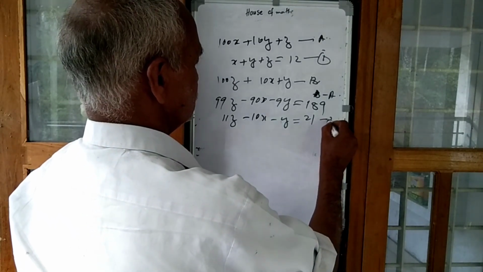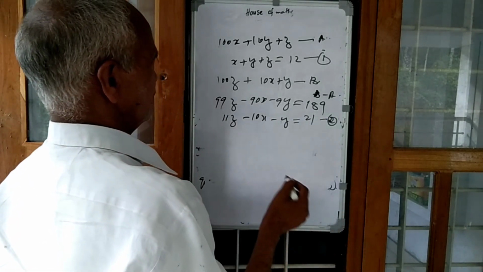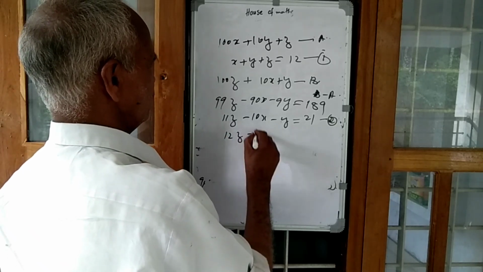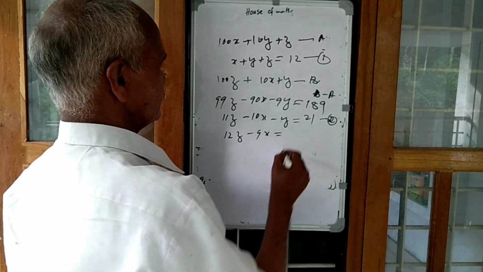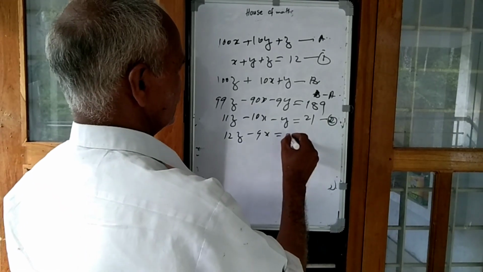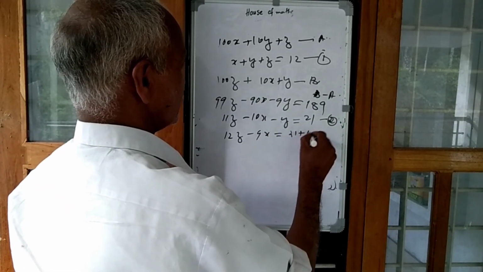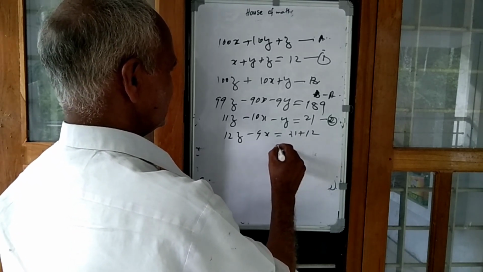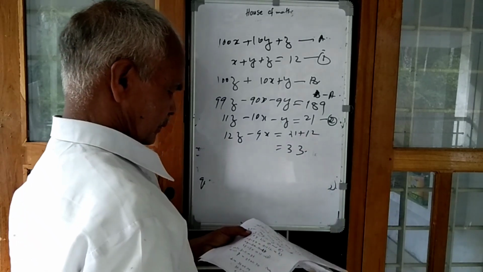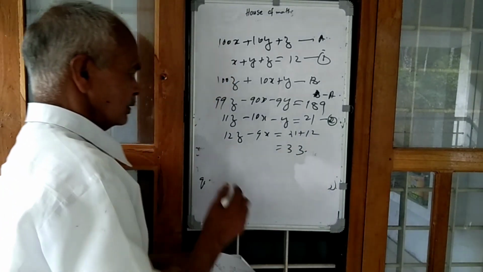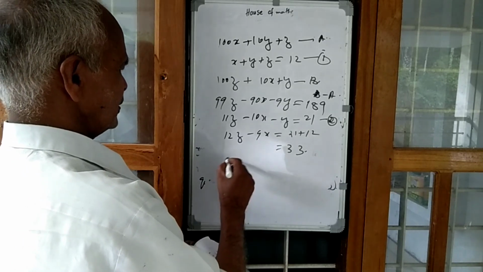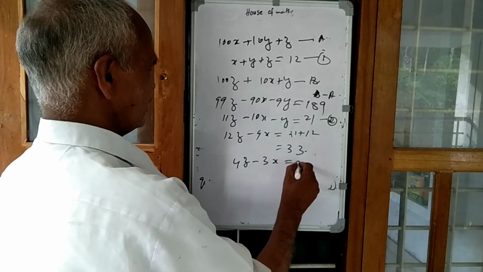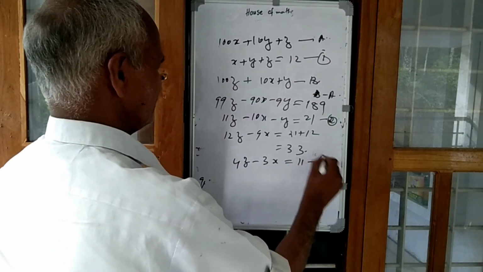Equation number 2. Eliminating y between equation 1 and 2, we get 12z minus 9x equal to 21 plus 12, that is 33. Dividing by 3, that is 4z minus 3x equal to 11, equation number 3.